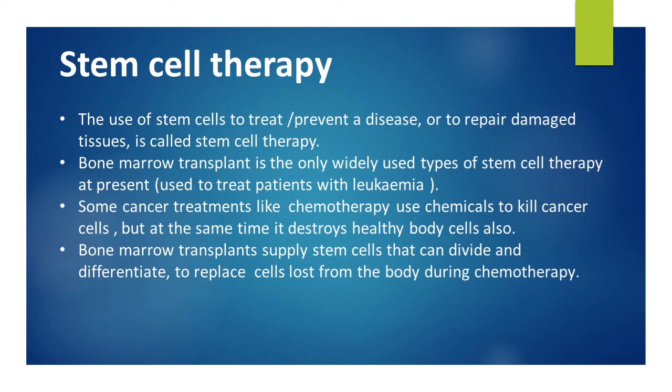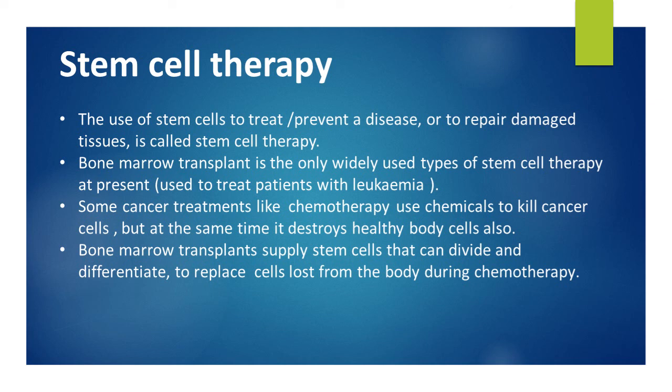Actually bone marrow and other adult stem cells are readily available, but they have limited ability to differentiate into other types of cells. So therefore scientists have tended to isolate and culture embryonic stem cells. They have obtained them from fertility clinics where parents donate their unused embryos for research.